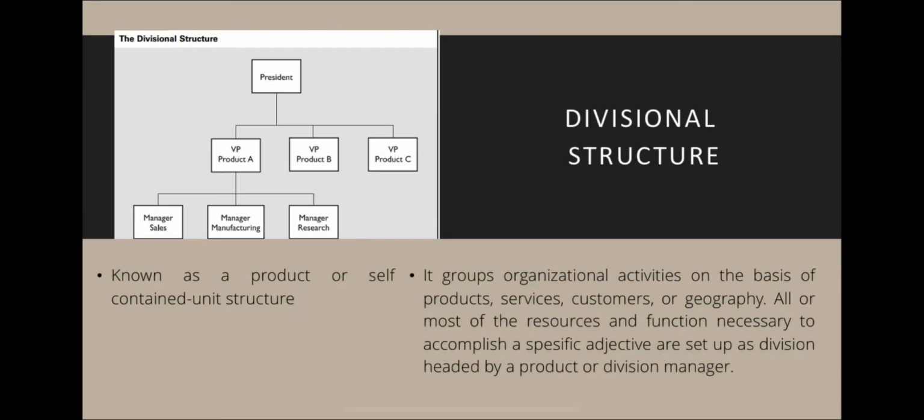Divisional structure, known as a product or self-contained unit structure, groups organizational activities on the basis of the product, service, customer, or geography. All or most of the resources and functions necessary to accomplish a specific objective are set up as a division headed by a product or division manager.